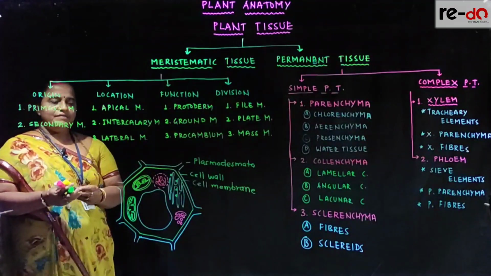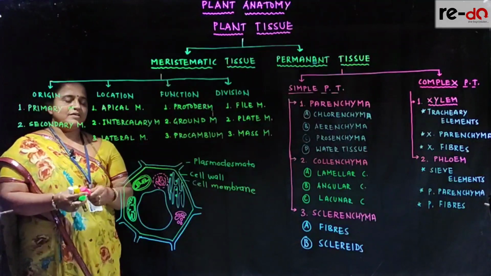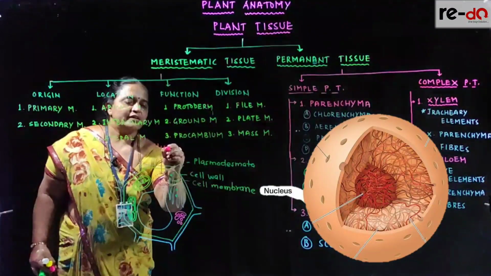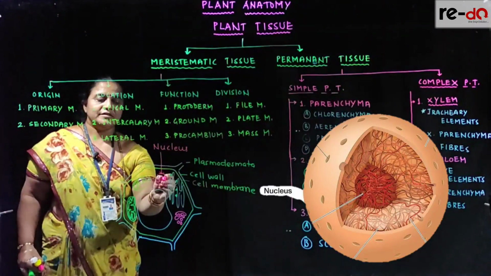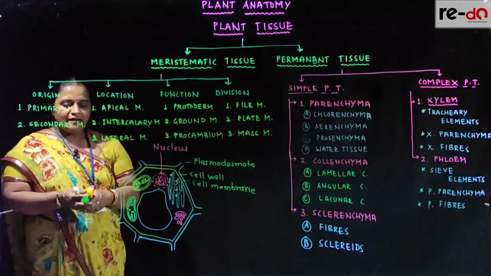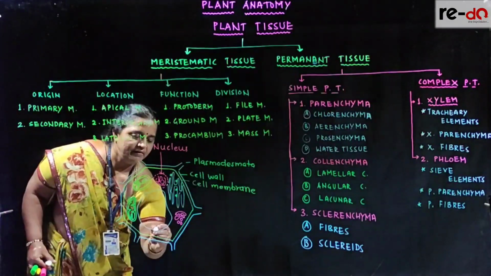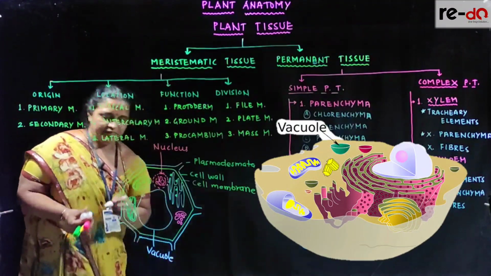Inside the cell membrane, this we call protoplast. In the protoplast, this is the peripheral nucleus having chromatin network. Then maximum space within the plant cell is occupied by the vacuole. It is a storage organelle.